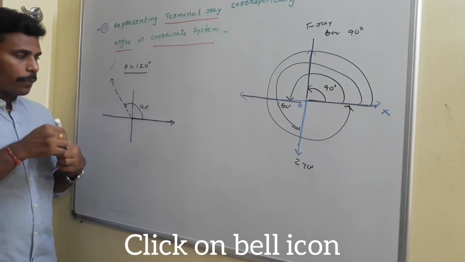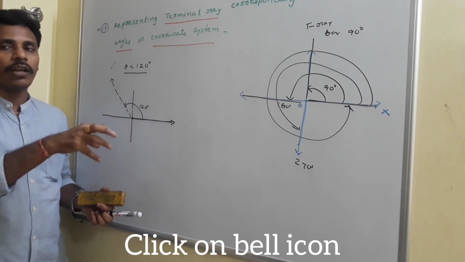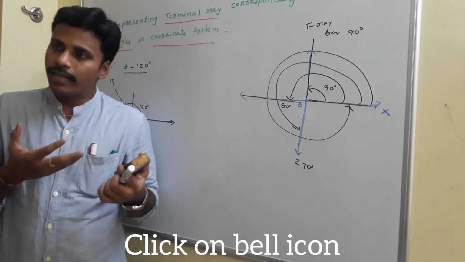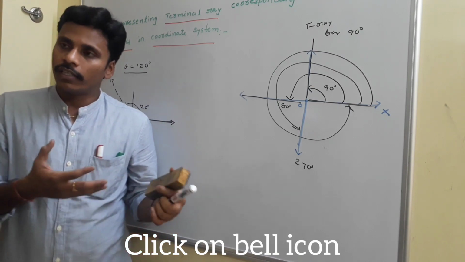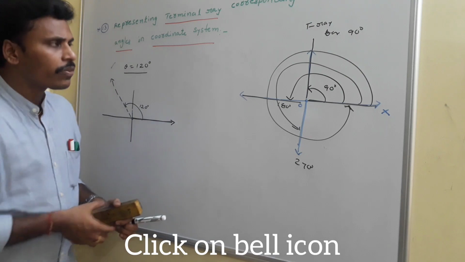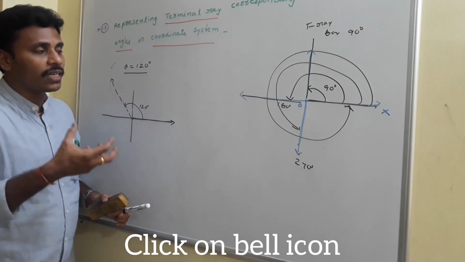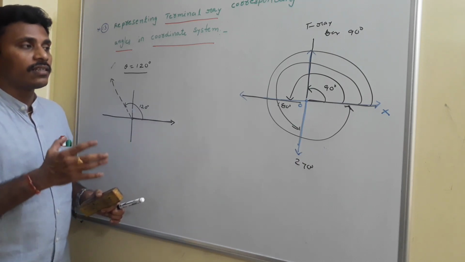Since we are representing everything without using protractors, these are the positions of the terminal rays approximately. If you need exact positions, you need to use an exact coordinate system, meaning graph paper and exact angle, and for that you need to use a protractor, right? But we are going to learn the way to represent terminal rays corresponding to given angles in the coordinate system, right?